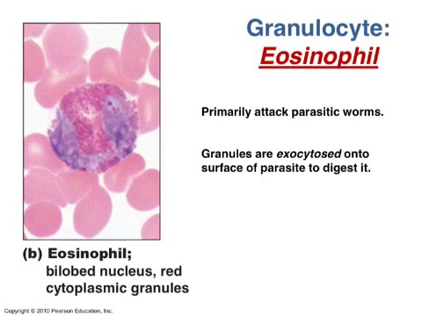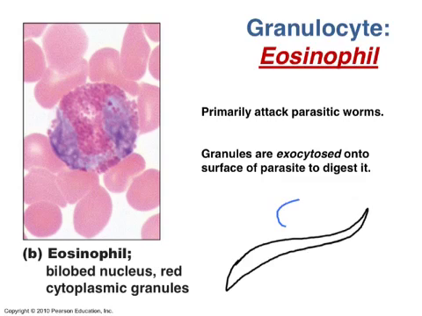Eosinophils do kind of a nifty thing. Parasitic worms are too big for eosinophils to attack on their own. They're multicellular. So what the eosinophil does is it releases its granules onto the surface of the worm. So it's almost like it kind of vomits onto the worm and digests it extracellularly.